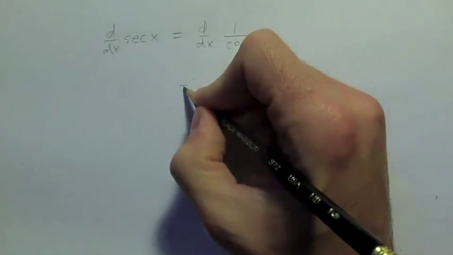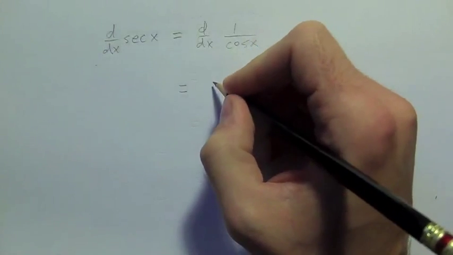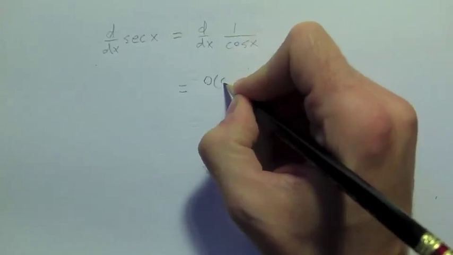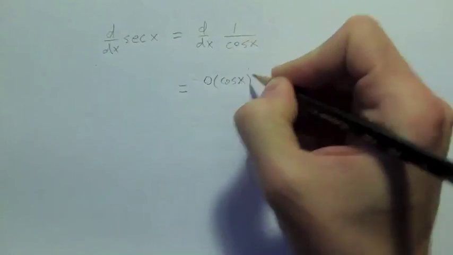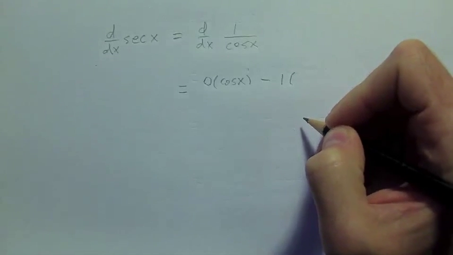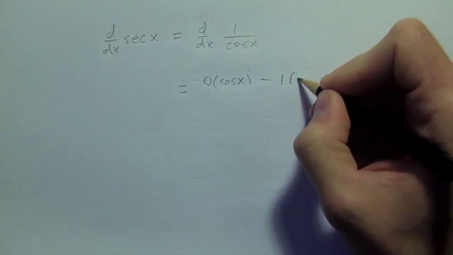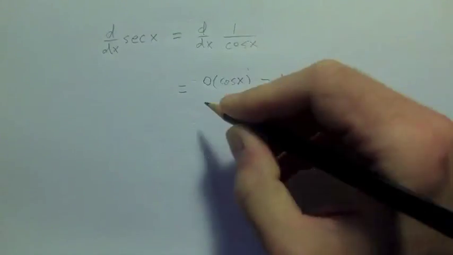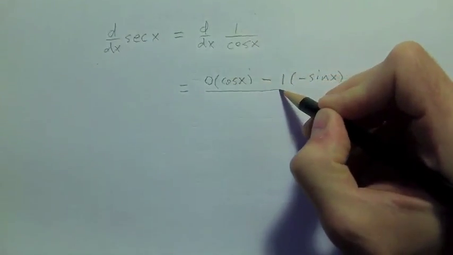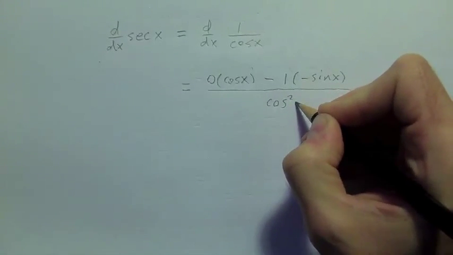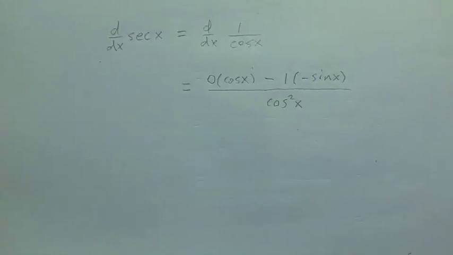Right, so it will be the derivative of the top, which is 0, times the bottom left alone, minus the top left alone, times the derivative of the bottom, which will be negative sine x, all over the bottom squared, which will be cosine squared x.